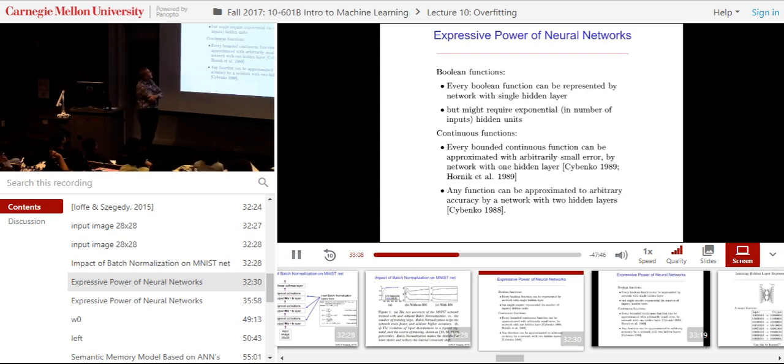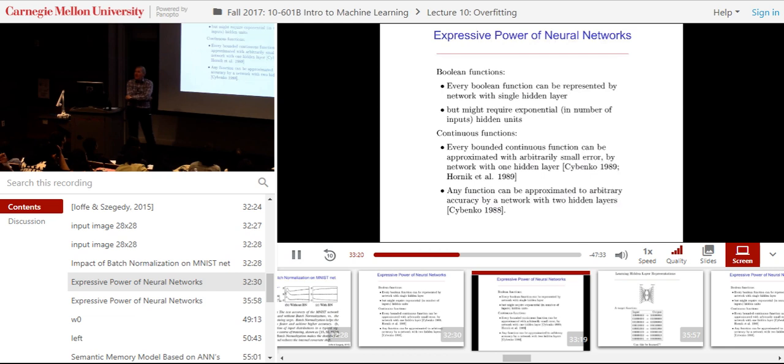Well, here's some interesting facts. If we have a Boolean function, by which I mean Boolean inputs, Boolean outputs, then every Boolean function can be represented by a network with a single hidden layer.